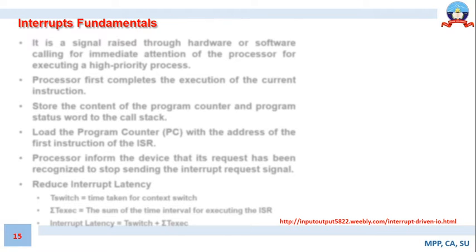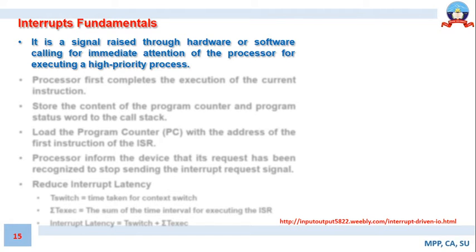Now, let us try to understand what an interrupt is. As we already know, an interrupt is a mechanism by which you let the central processing unit know that there is a high priority process that is to be executed on behalf of certain devices. So the device controller is capable of making the central processing unit know that there is a high priority task that is to be executed on behalf of a given device. An interrupt is a signal raised through hardware or software calling. So we can have either a hardware interrupt or a software interrupt.